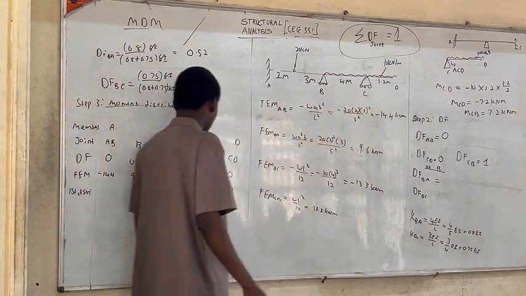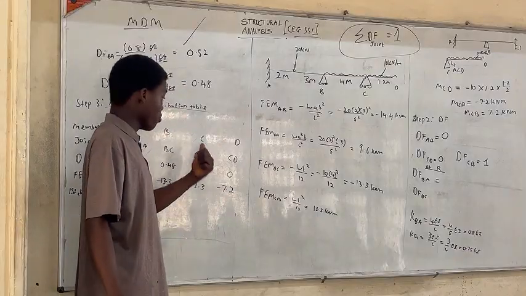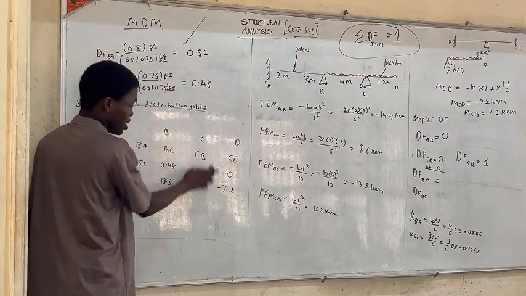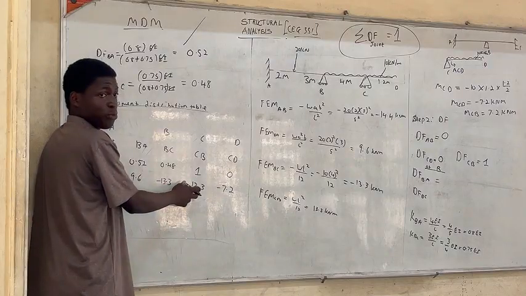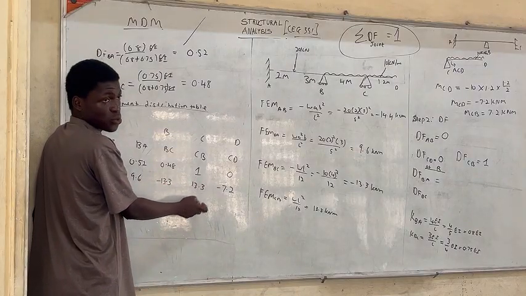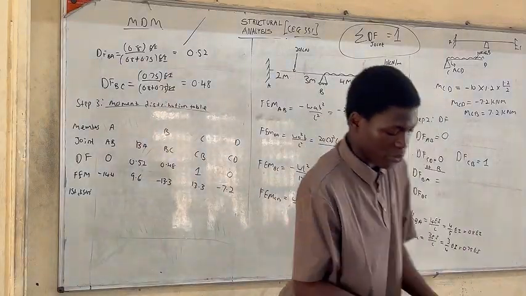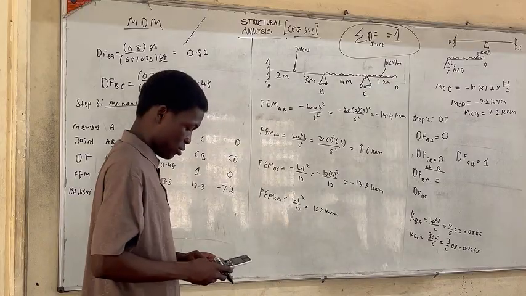Now on your table, what you write is the MDM for C. You write it, but you make the correction that MDM for CB at the end of the day will be 7.2. So what value will I subtract from 13.3 that will give me 7.2? That's what I want to find. So 13 plus X equals 7.2.